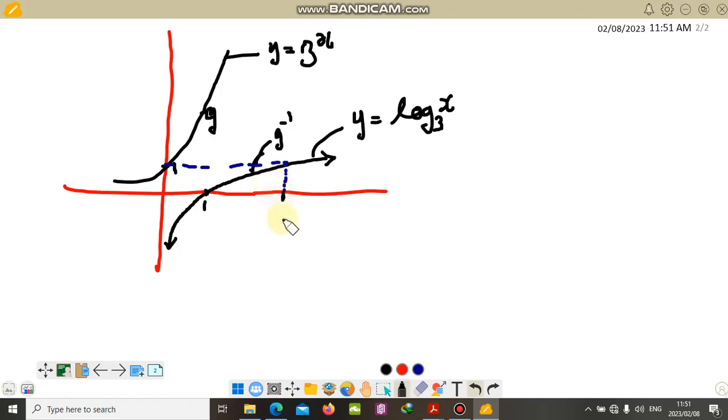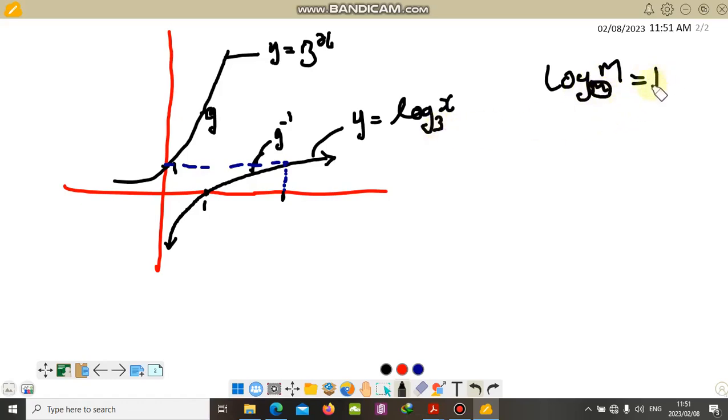What is going to be the x value that corresponds to y equals 1 on the graph? That is because if you take the rules of logs, there's a rule that tells you that log of m base m equals 1. So what is our base? Our base is 3, right?